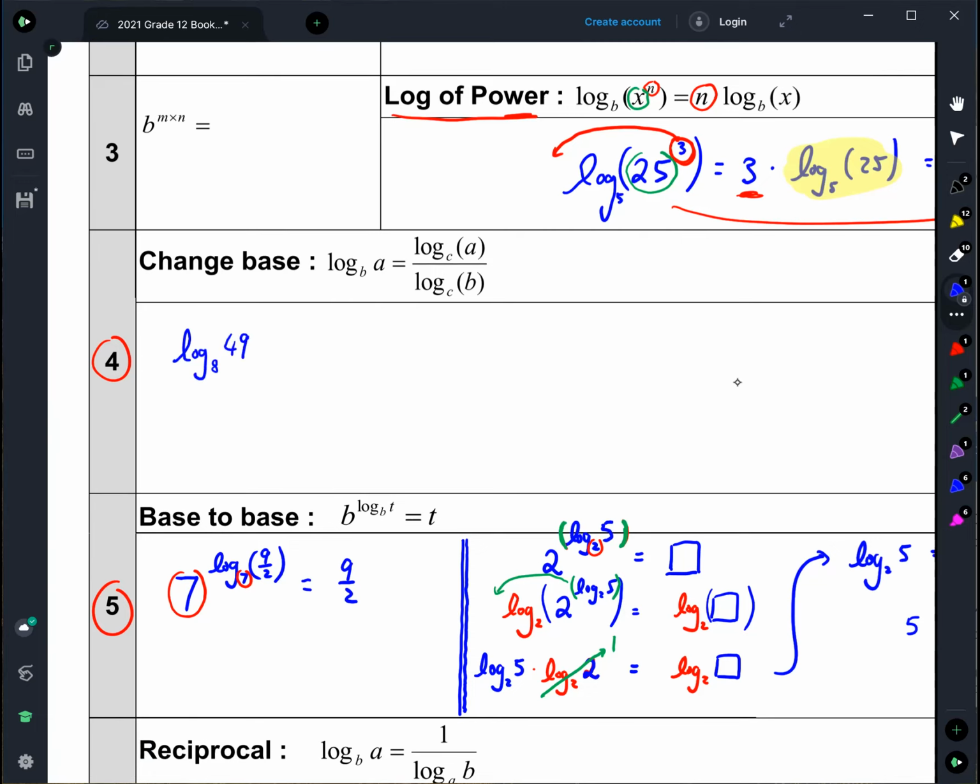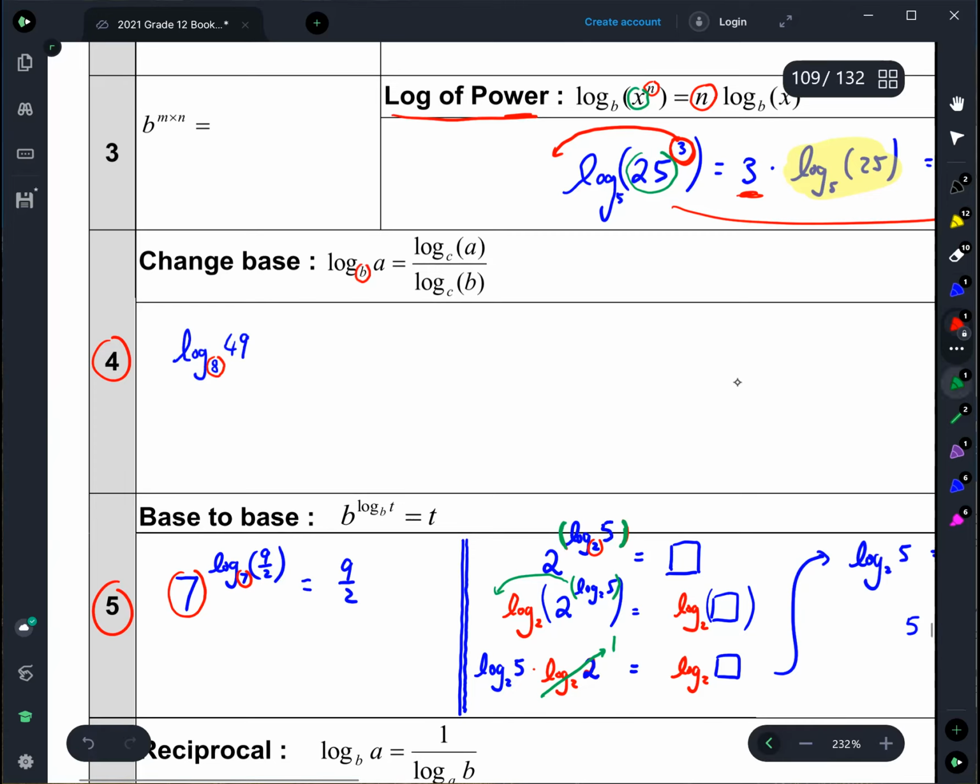Now, if we apply the change base, if you look at the rule, here you have a base of b, right, which is 8. I can change to any base of c by writing in fractions. Okay, by splitting into 2 log with the new base.